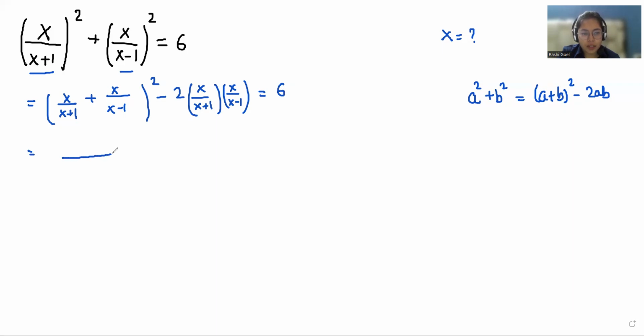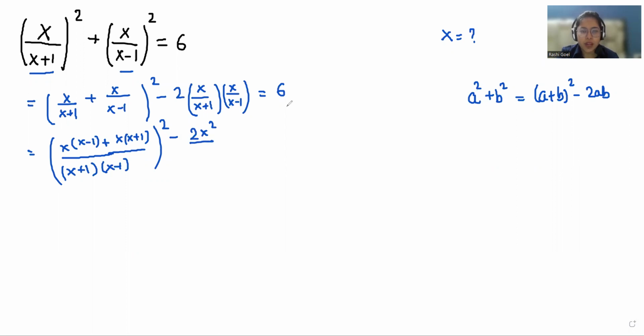Now if we solve the bracket, we take the LCM: (x+1)(x−1) in the denominator, and above we multiply x with (x−1) plus x with (x+1), whole square, minus 2x² divided by (x+1)(x−1).